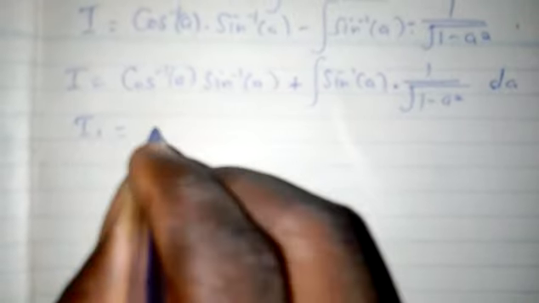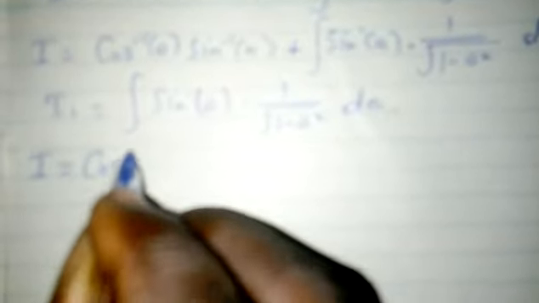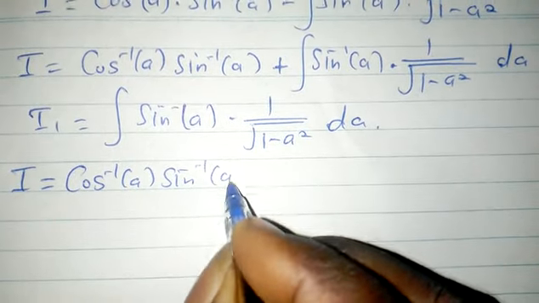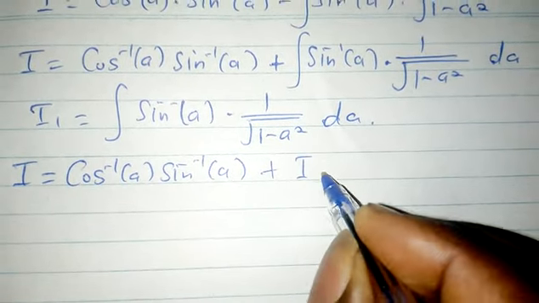So from here I'll make I1 equal to the integral of sine inverse of a dot 1 over root of 1 minus a squared dA. So my I can now be represented as cos inverse of a sine inverse of a plus I1.